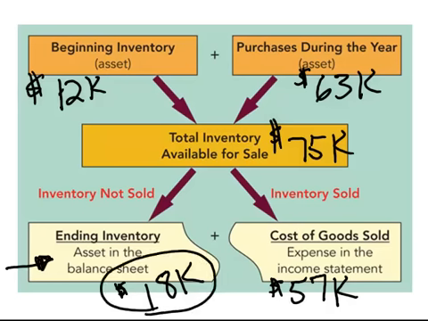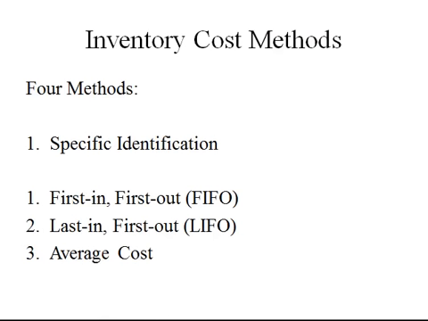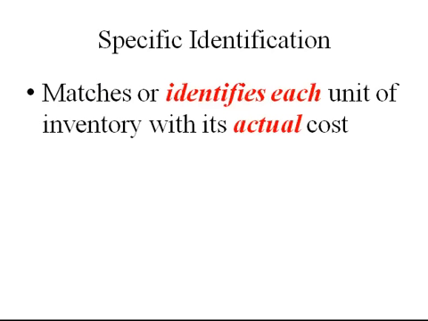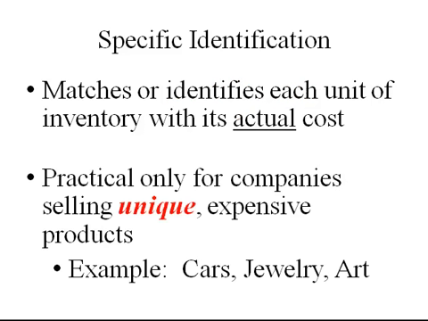Next, we want to investigate the question, how do we determine what the cost is of the units we have on hand during the period? There are 4 different methods to assign costs to the ending units of inventory that we have on hand. The specific identification method would match to each unit of inventory its actual cost. This is practical, however, only for unique items such as jewelry, art, or collectible cars.